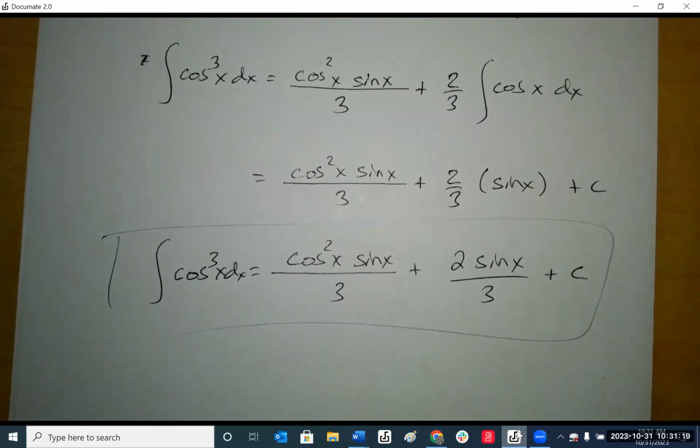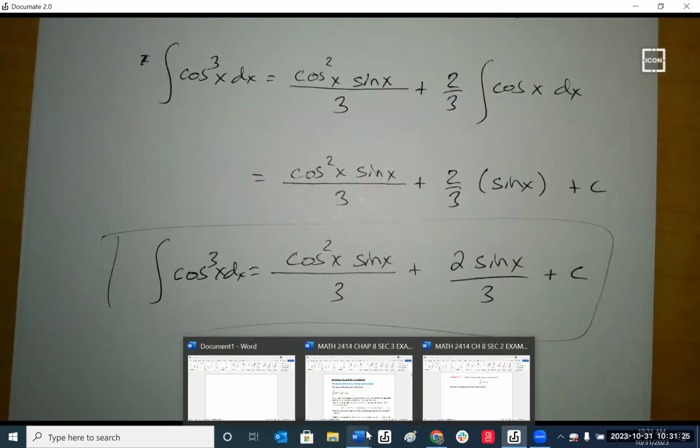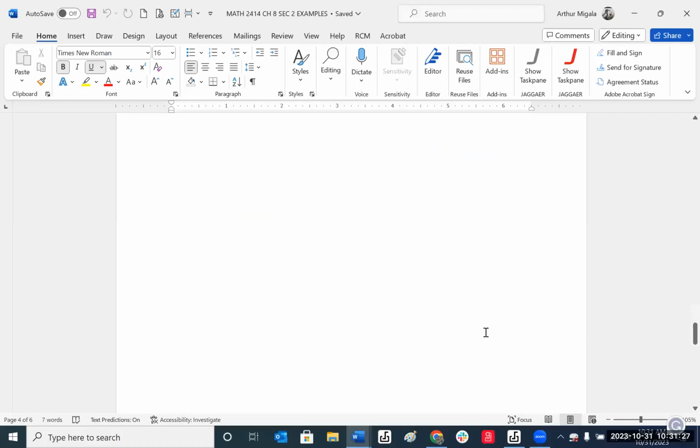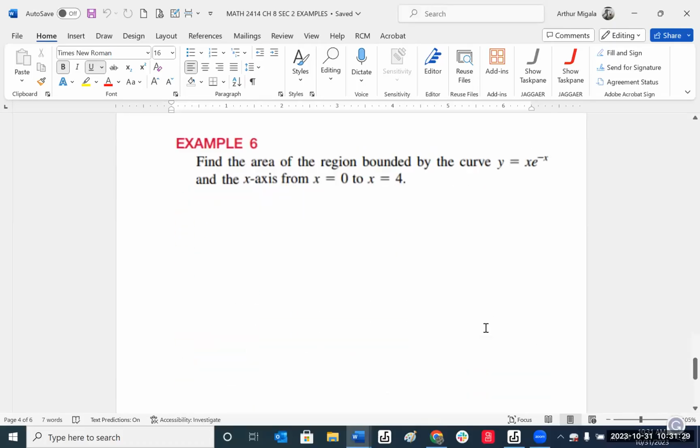All right, let's go back to the example sheet. Okay, this is an example of evaluating a definite integral.